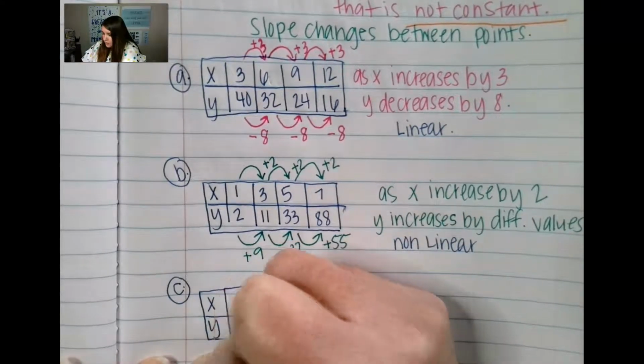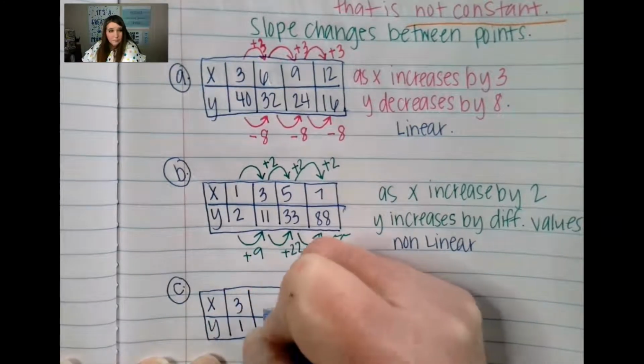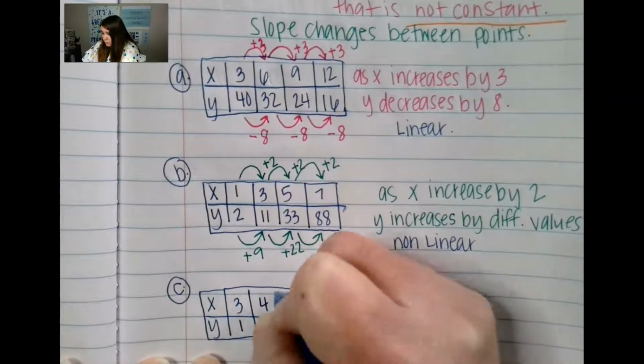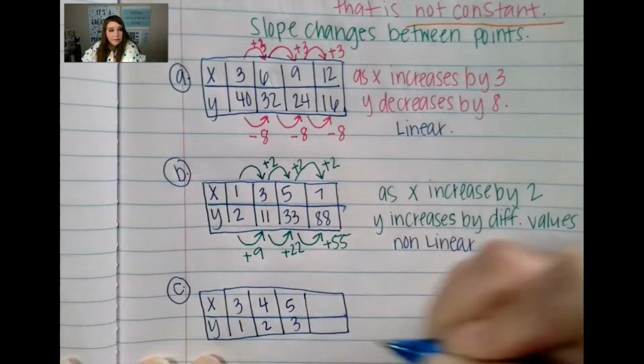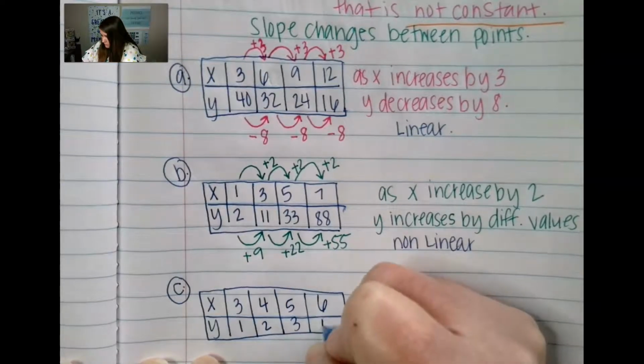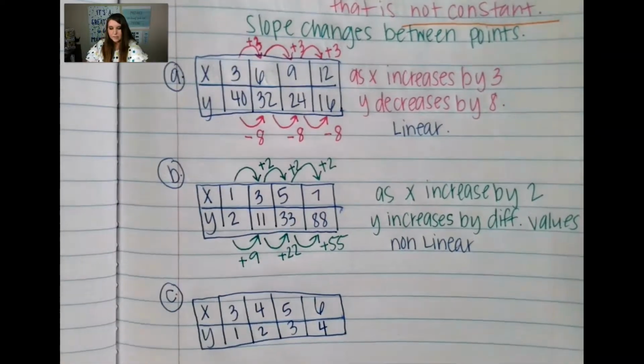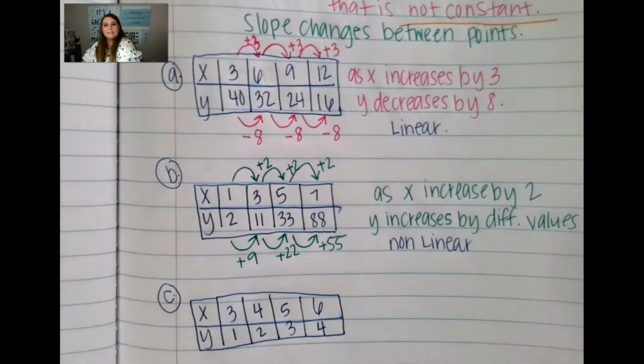So 3 over 1, 4 over 2, 5 over 3, and 6 over 4. Okay, let's go ahead and look at what we have going on in this example.